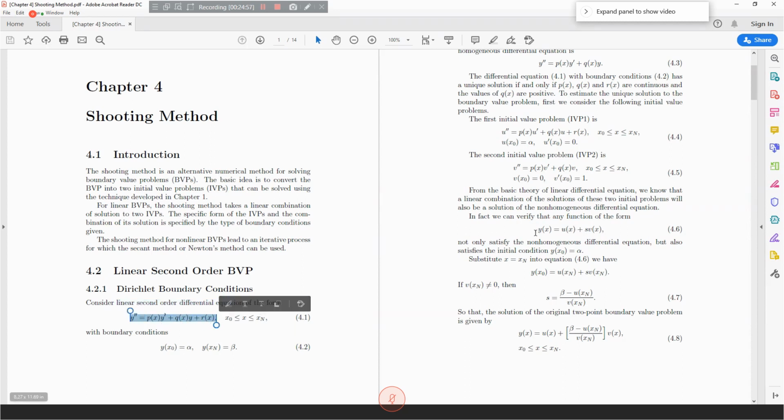This is y. It's actually equal to the linear combination between these two solutions of the IVPs. So first you have u(x), and then the second one you have the solution v(x) from the second IVP. As I mentioned, the latter you will need to multiply by another parameter to differentiate between these two, and that parameter is basically just a constant.